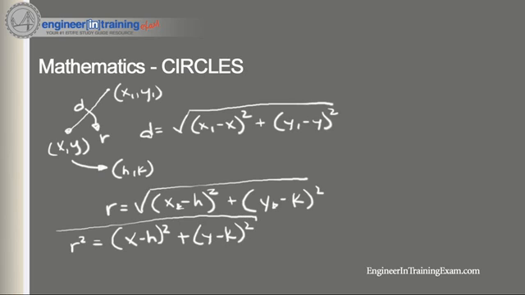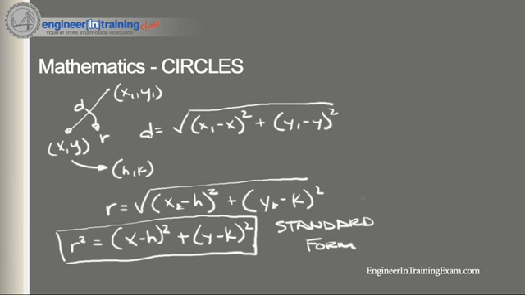So this right here is our lovely standard form equation for a circle. In this form, we very quickly can see what the radius is, and we can also see what the center of the circle is, which is going to be located at h, k, whatever those two numbers are.